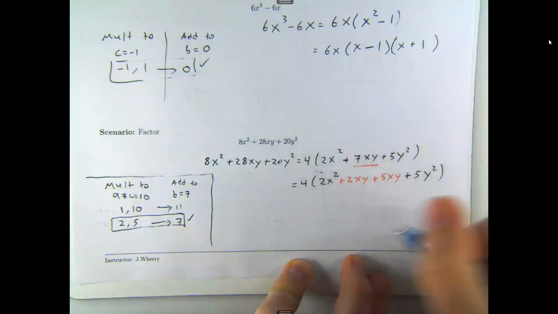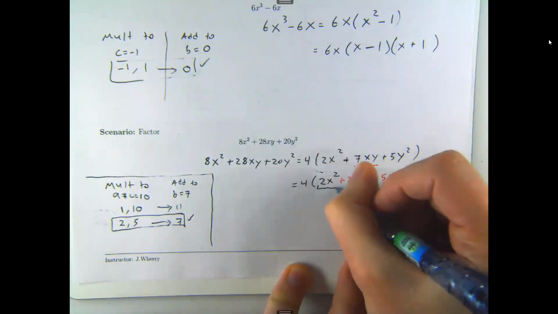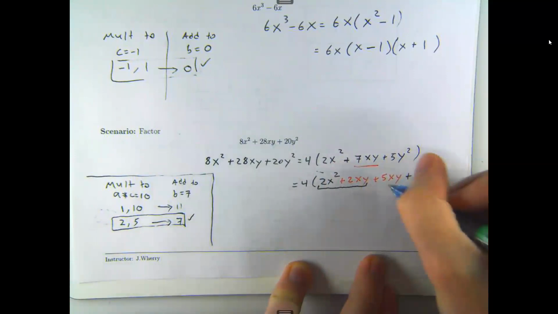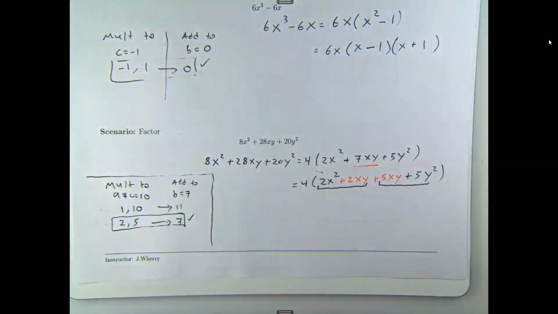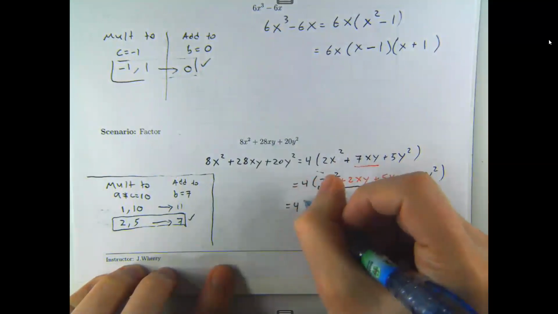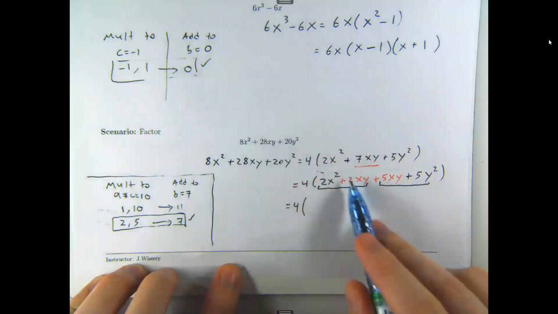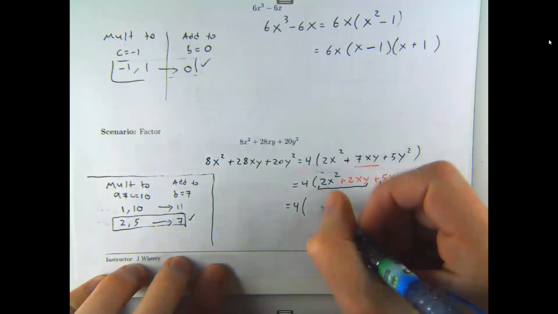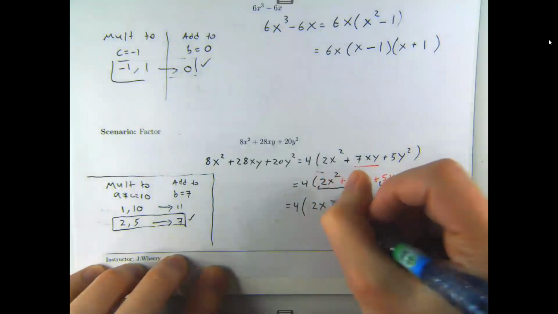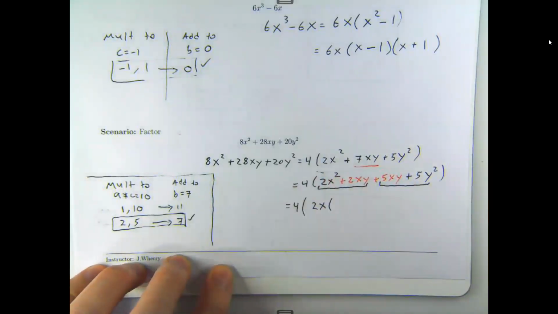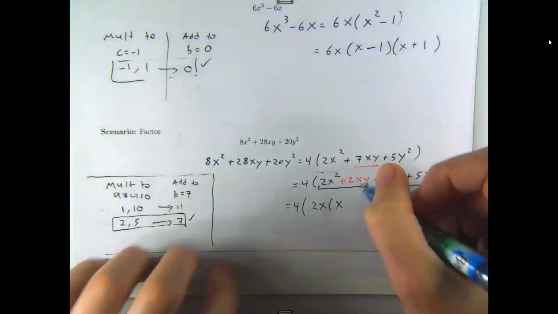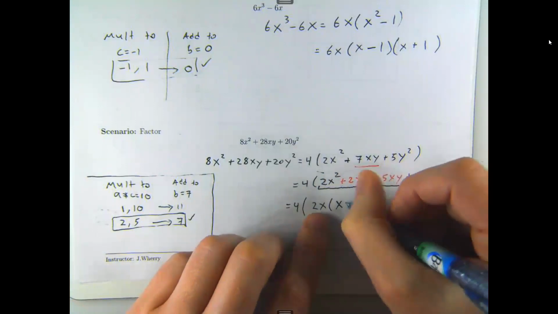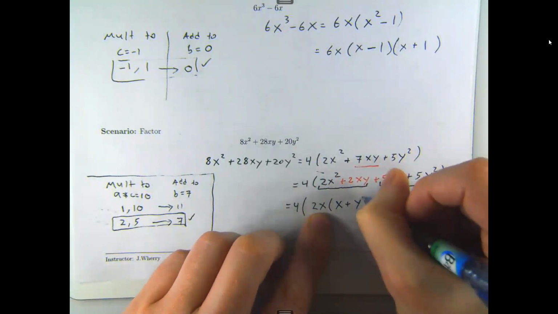From here, I'm going to factor by grouping. And I might try to group these first two things together and these last two things together. So if I'm looking at 2x squared and 2xy, these both have 2x in common. x times 2x gives me 2x squared. 2xy, if I've taken out the 2x, I still have a y left there.